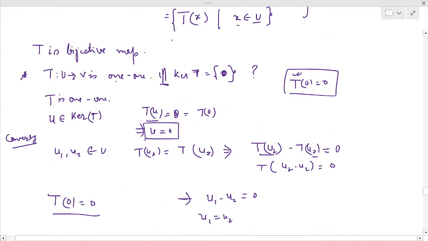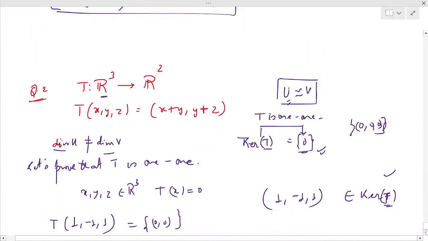T is 1, 1 if and only if the kernel of T contains only the null element. So here clearly 1, minus 1, 1 belongs to the kernel of T, and therefore this is not 1, 1, and hence you can say that this is not an isomorphism. This is quite easy to see. I don't think there is an issue till now.